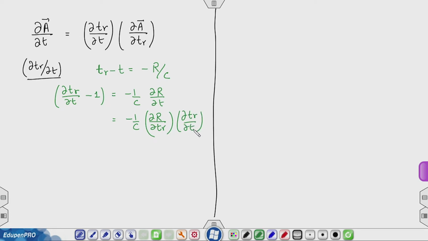So, notice that this term dTr by dt is occurring on both the sides, and therefore, I can calculate it.